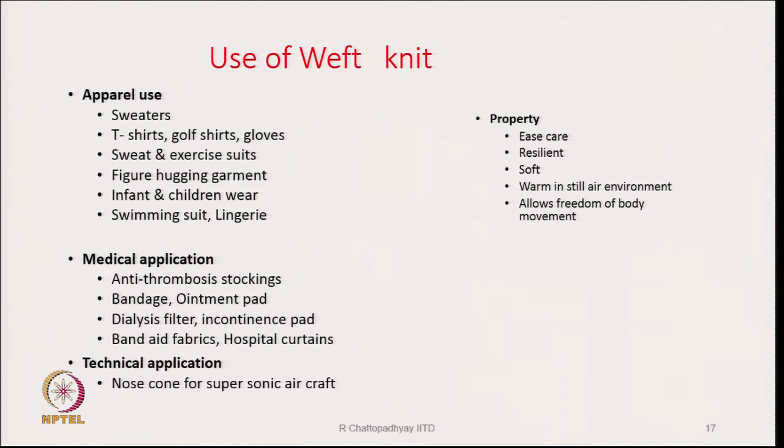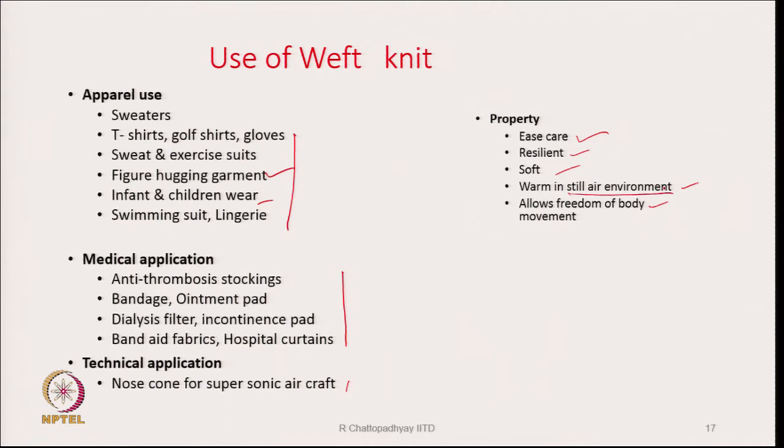If you look at the use of weft knit, typically the apparel uses are sweaters, t-shirts, golf shirts, sweat and exercise shoes, figure hugging garments. So, these are the typical apparel uses. Medical applications are also listed here, and technical applications are also given here. Property wise they are easy care, resilient, soft, and warm in still air, and allow freedom of body movement.